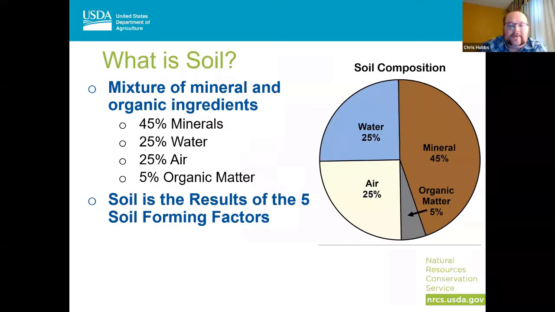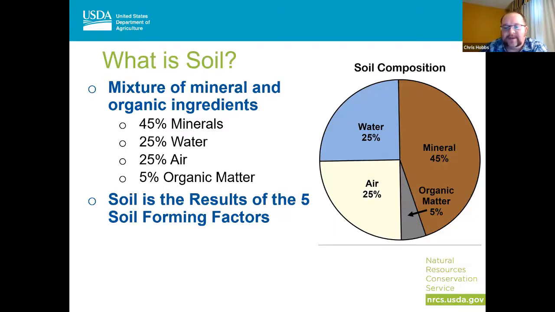All right, to continue on, what is soil? Soil is made up of 45% minerals, which is clay, silt, sand, gravel, and stones. These minerals are what give soil its texture. 25% of it is water.